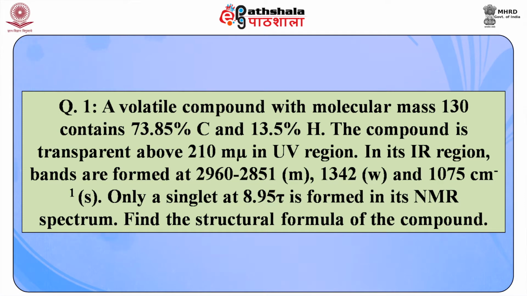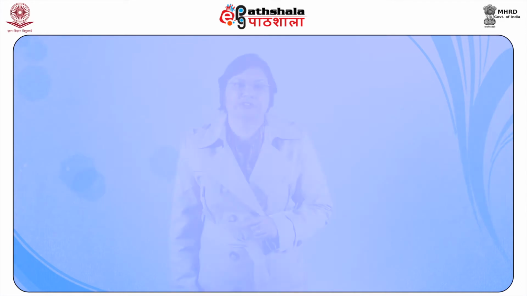In its IR region, bands are found at 2960 to 2851 as multiplet, then a 1342 band and a 1075 centimeter inverse band, which is a singlet. Only a singlet at 8.95 tau is formed in its NMR spectra, and you have to derive or find the structural formula based on this information.